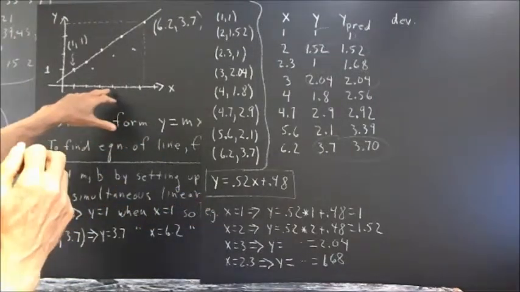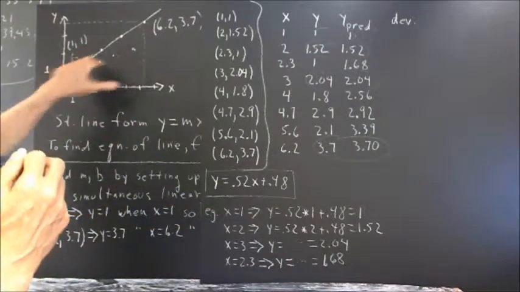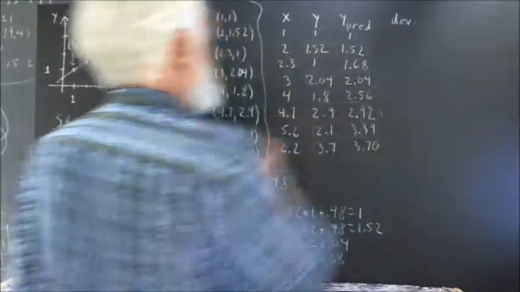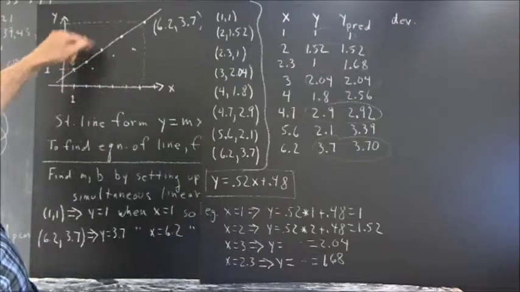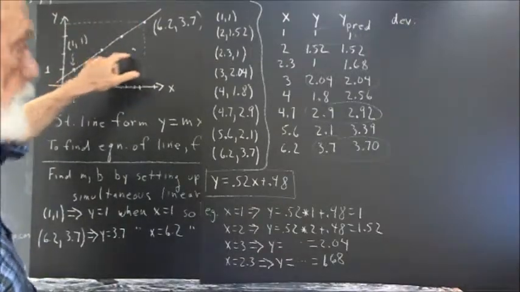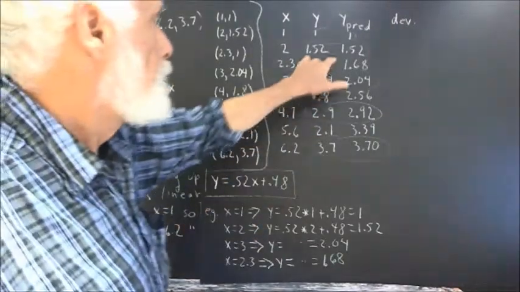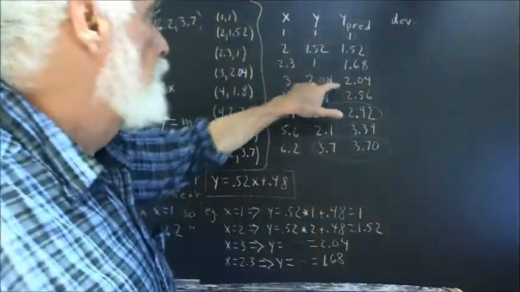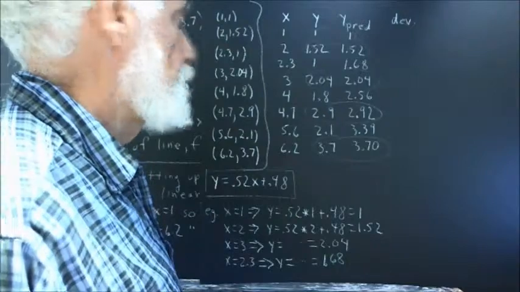I believe there are 5 points that appear to lie on the line, so we have real good agreement here on these 5 points. But these 3 points that lie off the line are significantly different. We have a significantly different y coordinate than predicted by our equation.